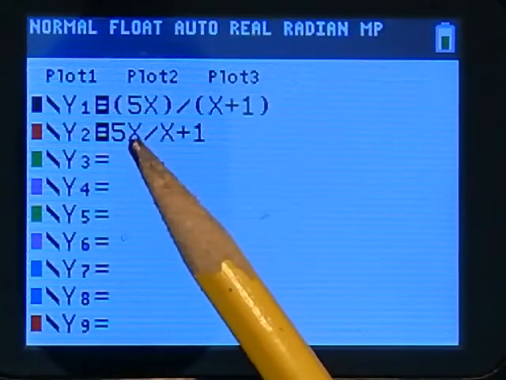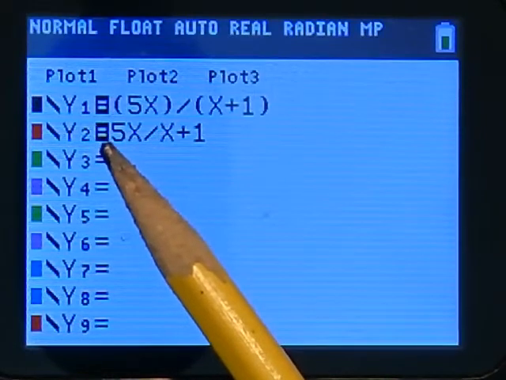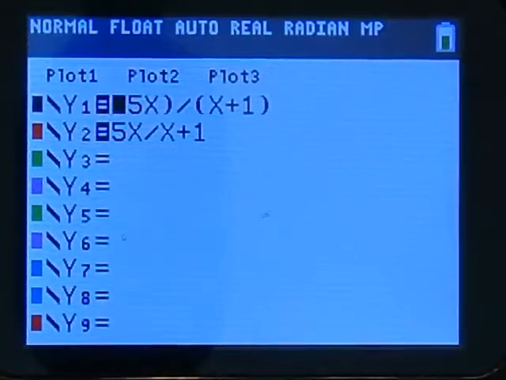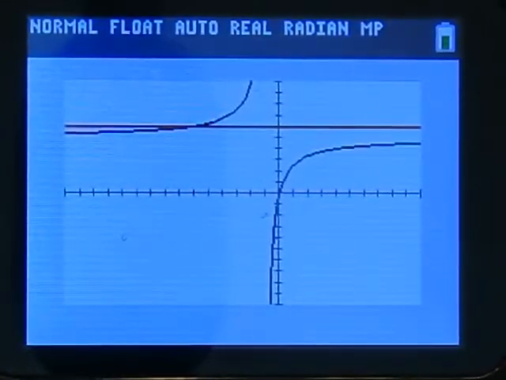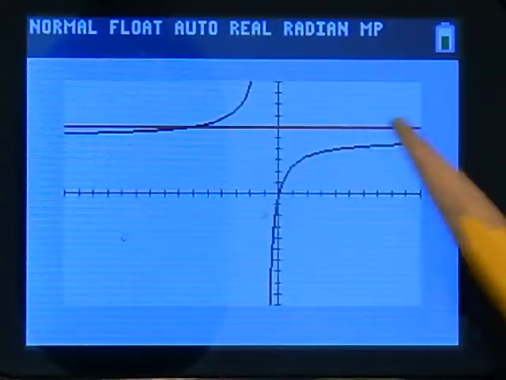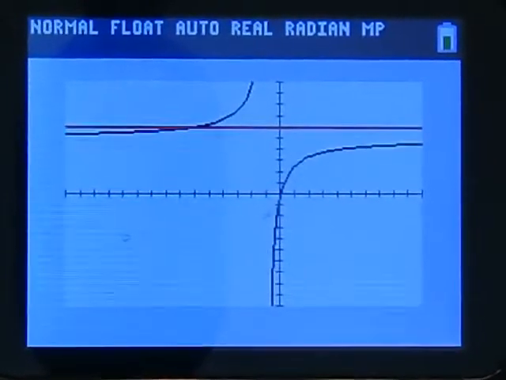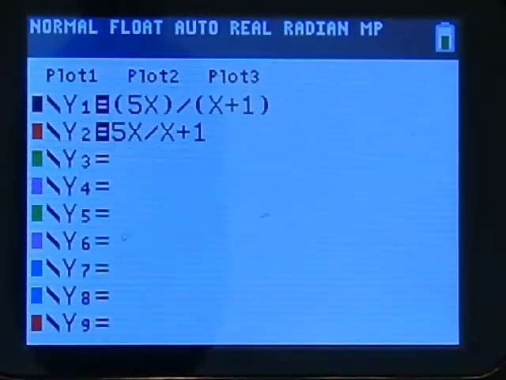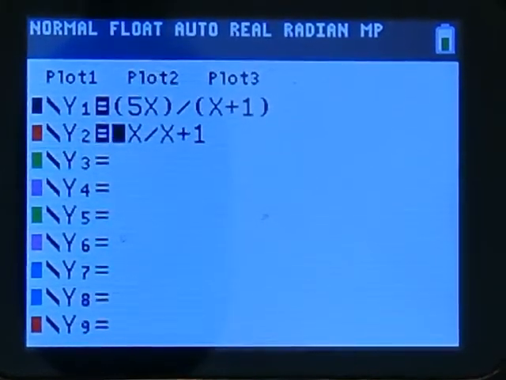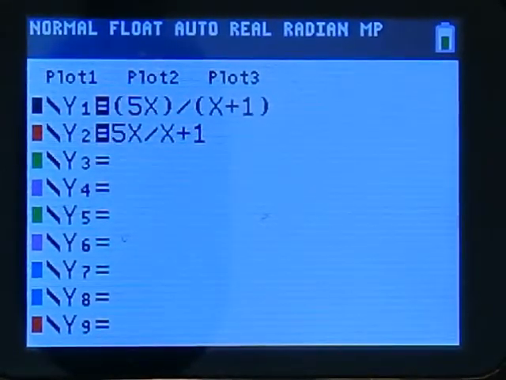Well, x over x is 1. It goes out. So this is 5 times 1 plus 1. 5 plus 1 is 6. If you look at our picture over here, you'll notice that that horizontal line, 1, 2, 3, 4, 5, is at 6. It's graphing it incorrectly. So what's the point here? It is extremely important that we use parentheses for the numerator and the denominator. That fraction bar that you see in a problem that we've written manually is a parentheses. Both the top and the bottom have to be in parentheses.